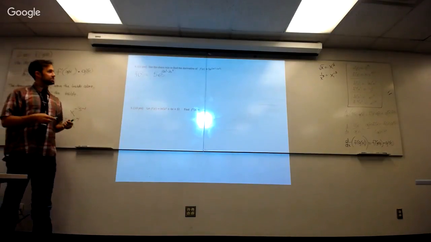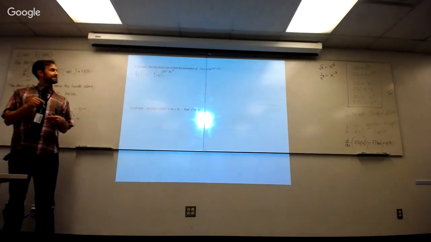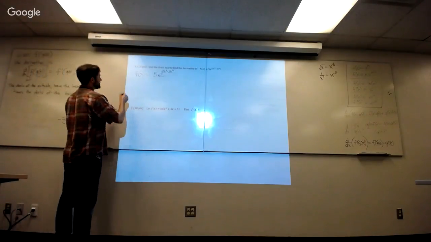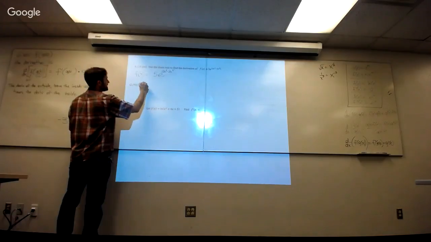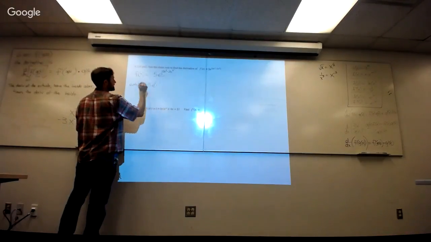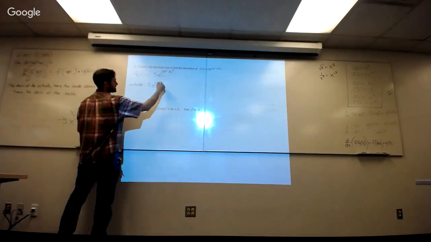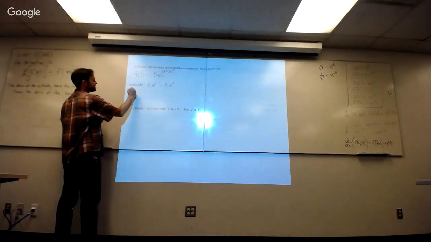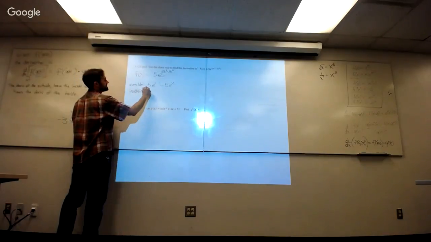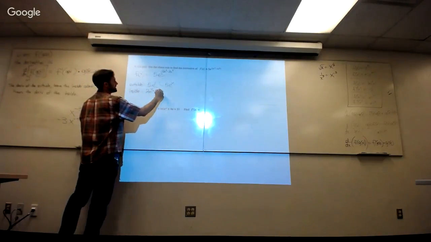A good intuition is always to think whatever's inside the parenthesis is the inside function. So if you want to think about it in this particular problem, the outside function would be 5e to the something. Or really, you could think of it as 5e to the x. That's the outside function. And then the inside function is 2x to the 7th minus 2x to the 8th.